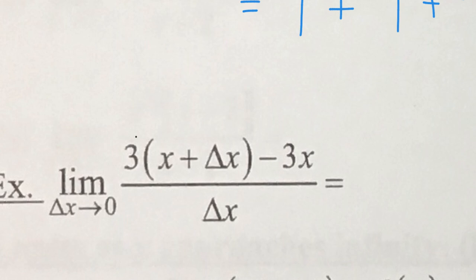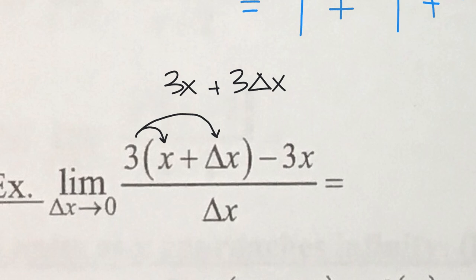So let's just distribute. Let's just try and simplify this straight away. So 3x plus 3 delta x, which is just another variable like a y or a z or a q, minus 3x. If we distribute, what do we see subtracts? The 3x and the 3x. And just like our example above, we have 3 delta x over delta x.